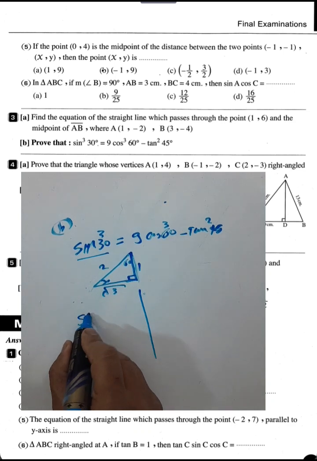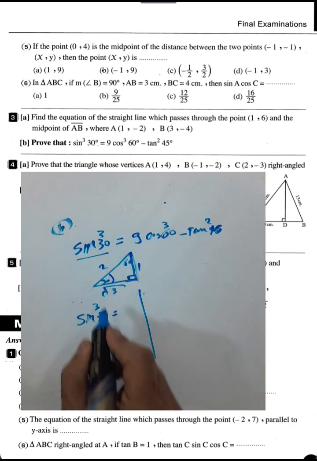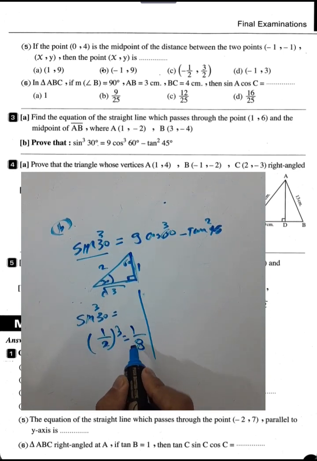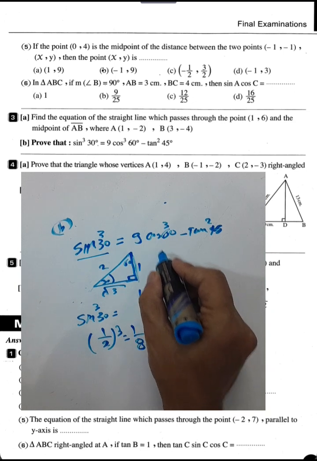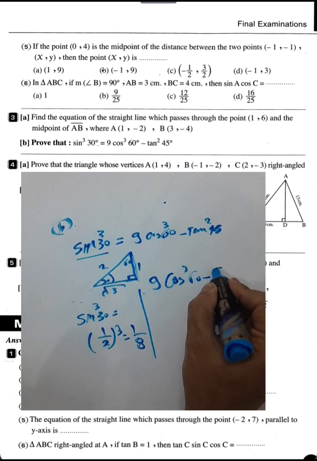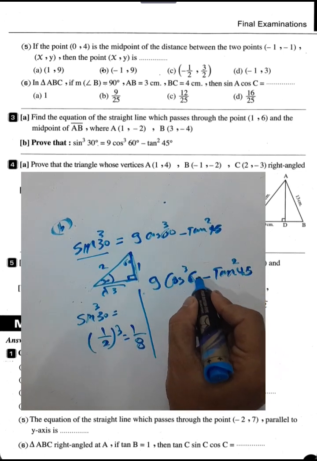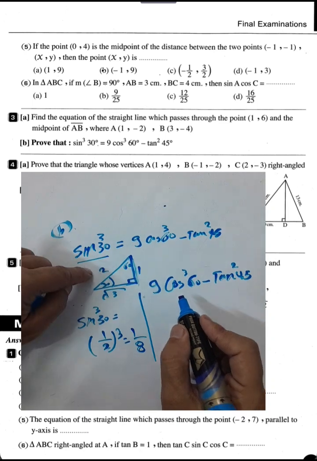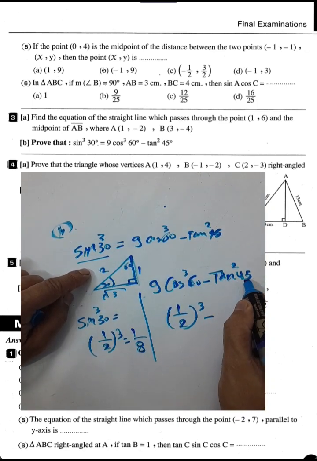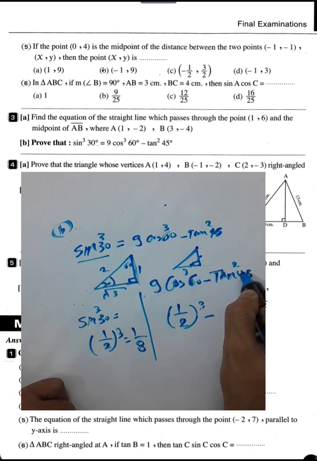Write sine 30 power 3: 30 here is opposite over hypotenuse, so 1 over 2 all power 3, and the result will be 1 over 8. And here, 9 cosine 60 power 3 minus tan 45 power 2. Cosine 60 will be 1 over 2 power 3, minus tan 45 from the isosceles triangle, tan 45 will be 1 power 2.